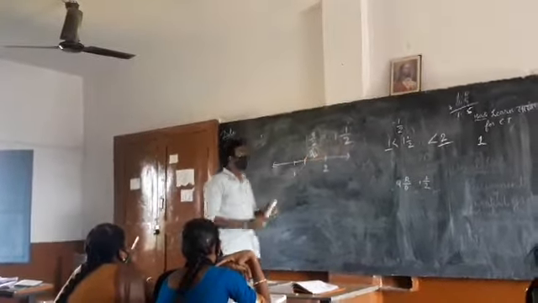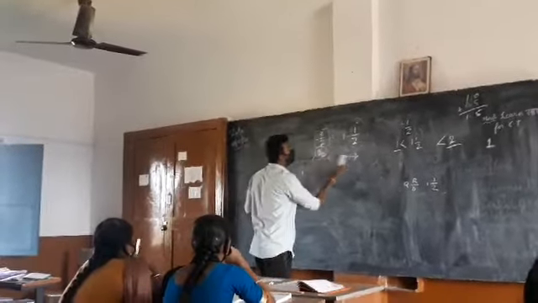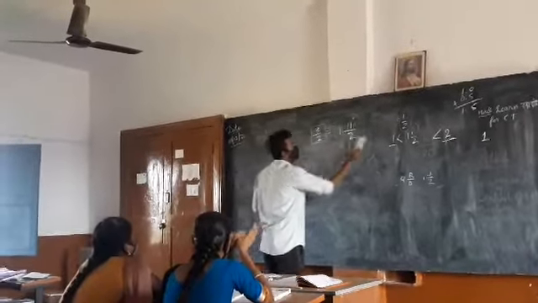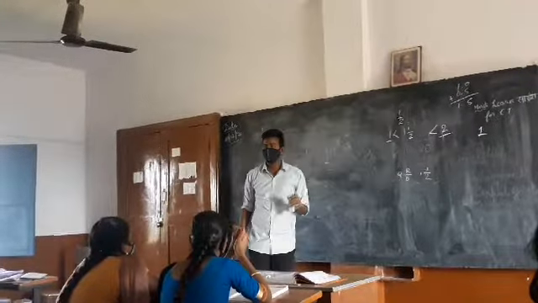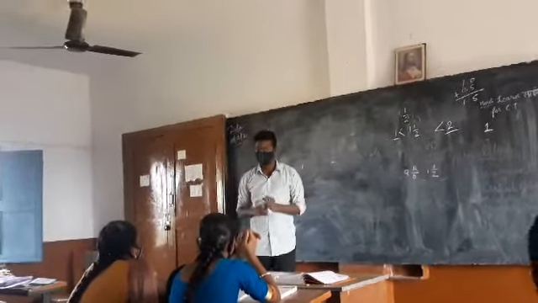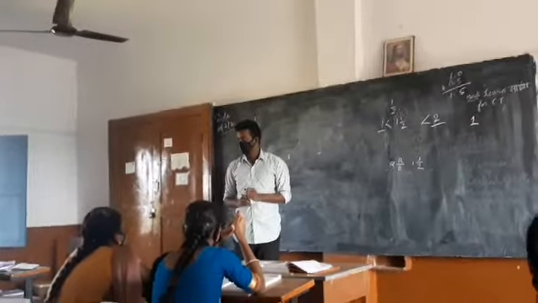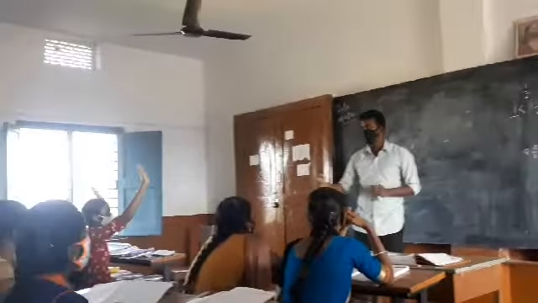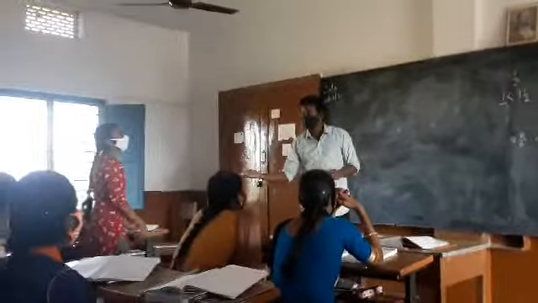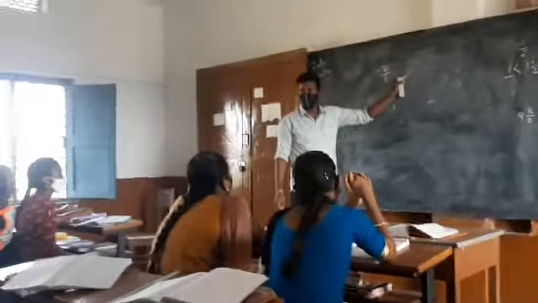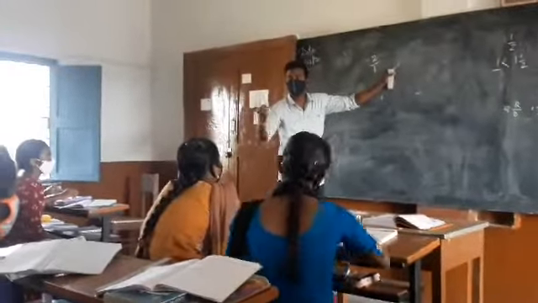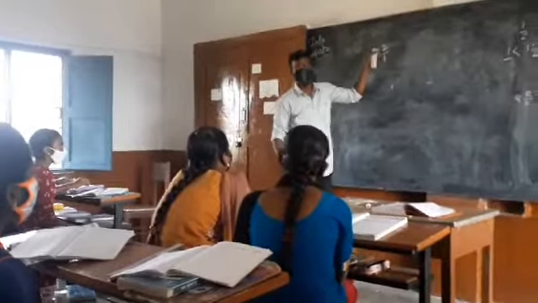So let us look at a negative improper fraction. Can anyone give me a negative improper fraction now? Example. Yeah, louder. Minus 2 by 1. It's just like the improper fraction, only with a negative sign.